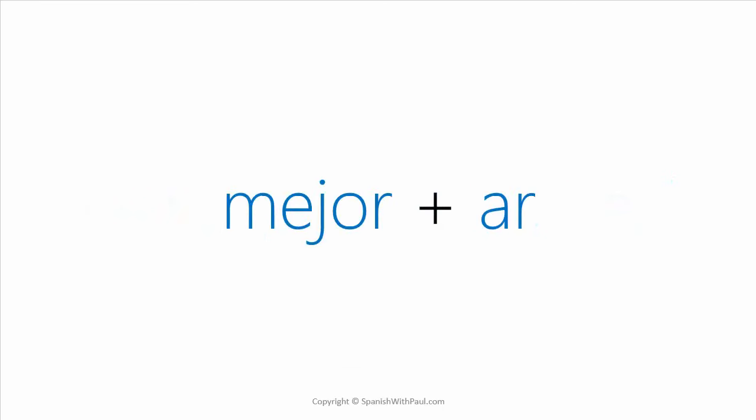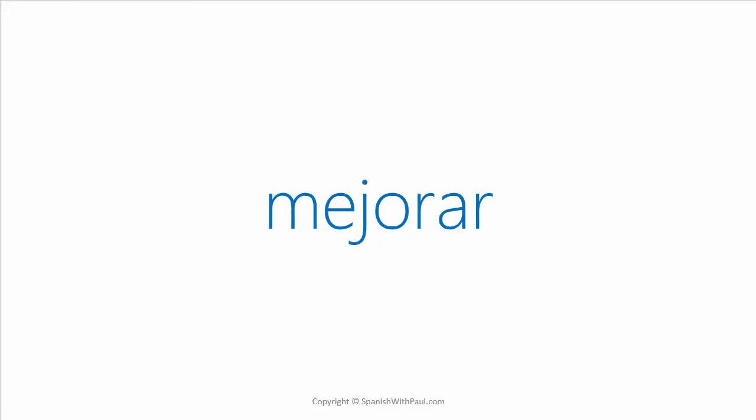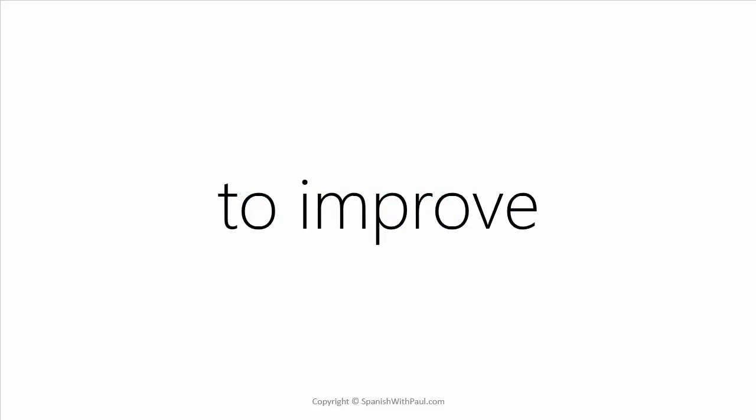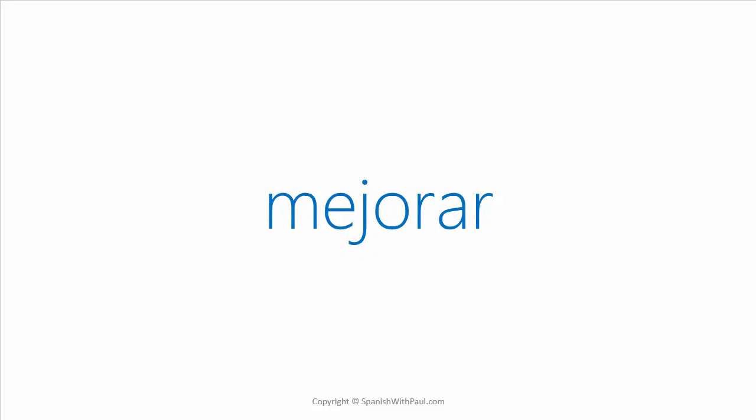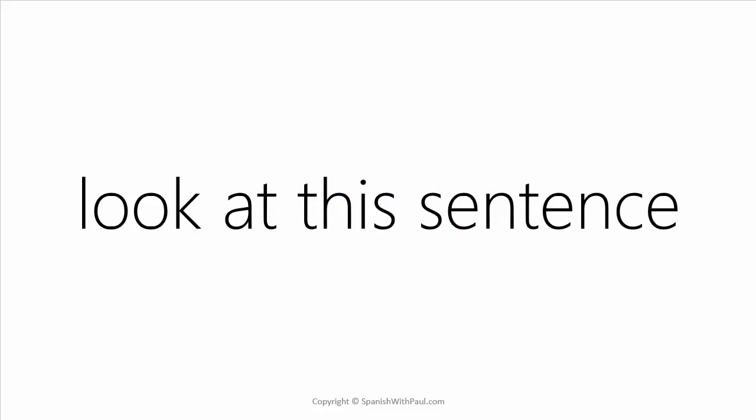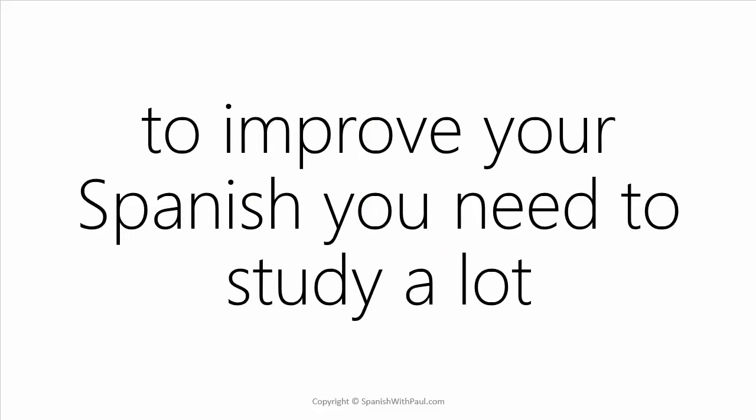If we take the word mejor and we add on AR to turn it into a verb, we get mejorar. This means to improve. Now look at this sentence. To improve your Spanish, you need to study a lot.